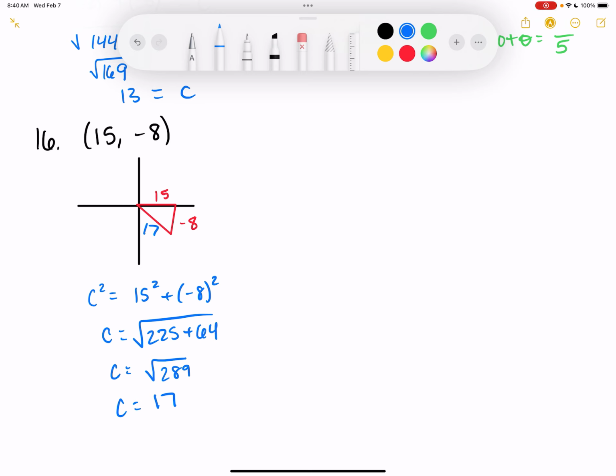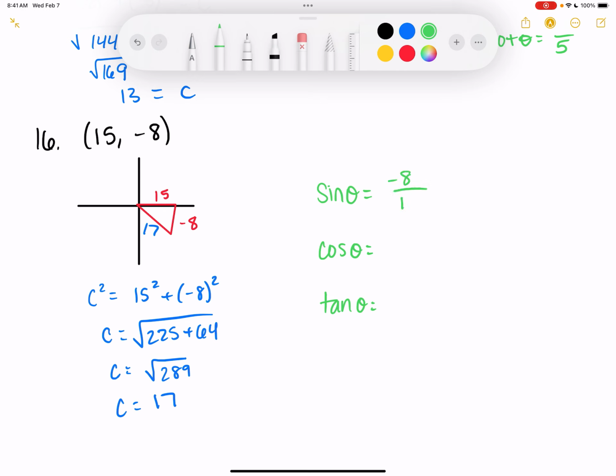So now, sine of theta would be what? The -8 part is right, but it's not 15. It's over the hypotenuse. Oh, 17.